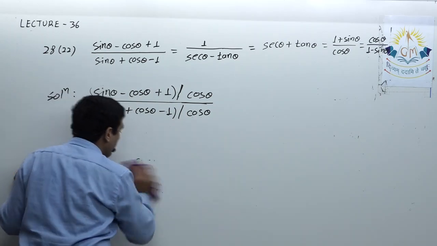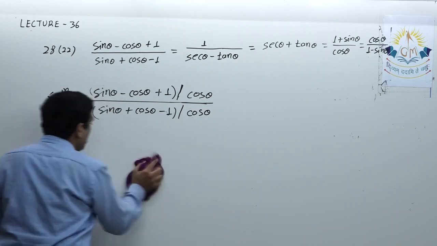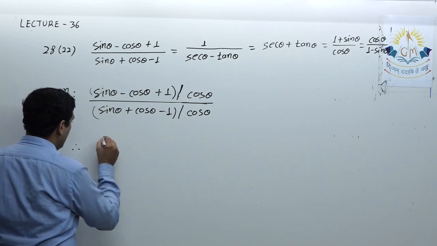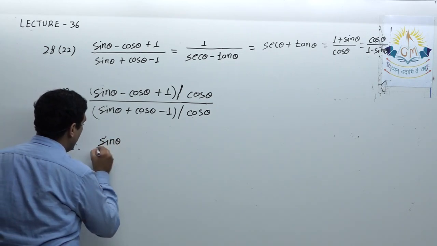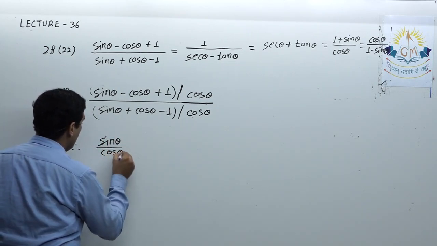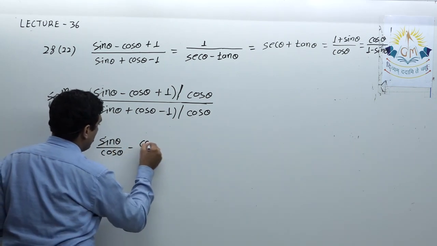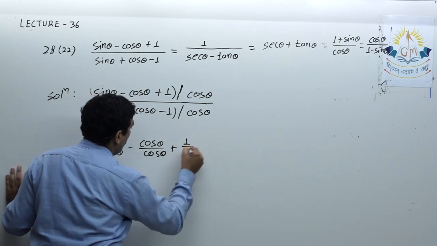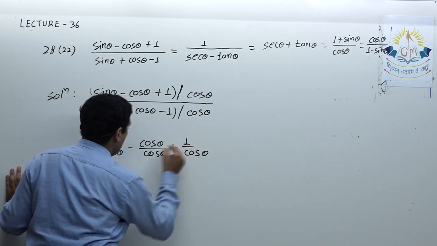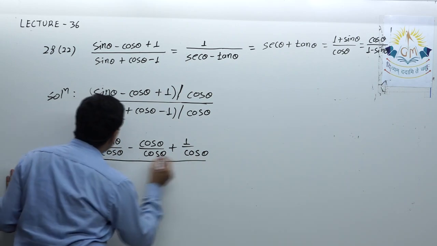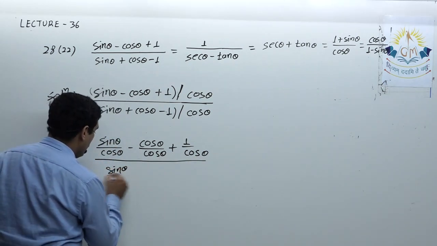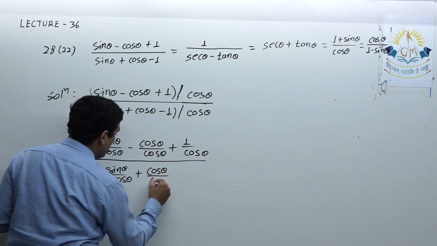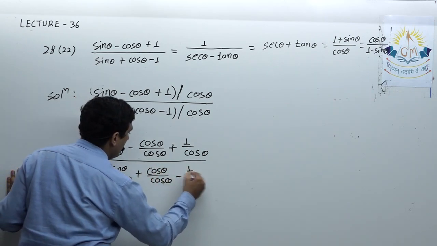So I divide the numerator and denominator by cos theta. Now I am adding one more step, although this step is not required. I am writing sin theta upon cos theta minus cos theta upon cos theta plus 1 upon cos theta, whole divided by sin theta upon cos theta plus cos theta upon cos theta minus 1 upon cos theta.